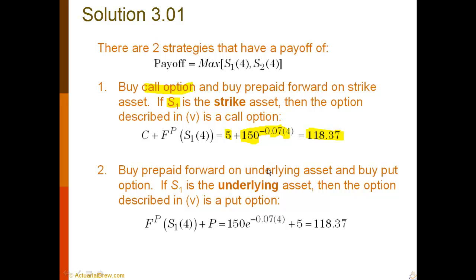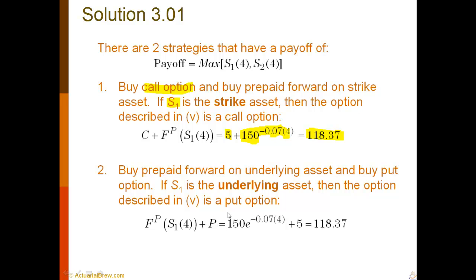Alternatively, we could instead think that maybe that option that's described in the question is a put option. And if it's a put option, we're going to make use of this formula here. We know that if we add the value of the put option to the prepaid forward price of the underlying asset, then again we will obtain that same payoff, which is the maximum of the value of the underlying asset and the strike asset. Alright, well now if it's a put option, what is stock 1?